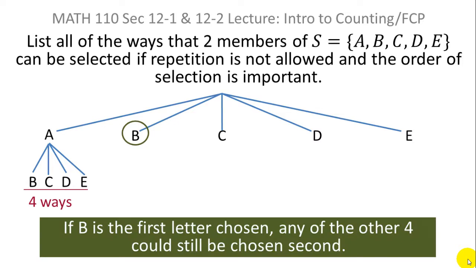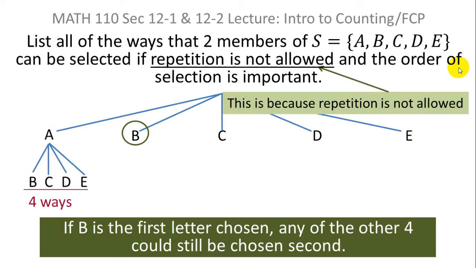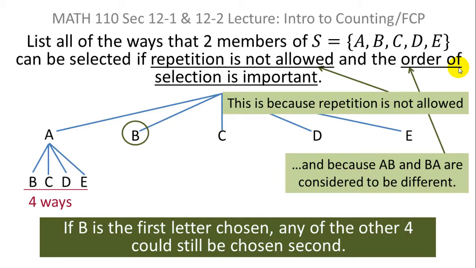So even though I've already chosen A, B over here, there's nothing wrong with me choosing B, A, because the order of selection is still important. That means that the only thing I can't use again is B. So when I branch again, I will have to leave out the B. So I'm going to choose A, C, D, and E. But that's still 4 more ways.